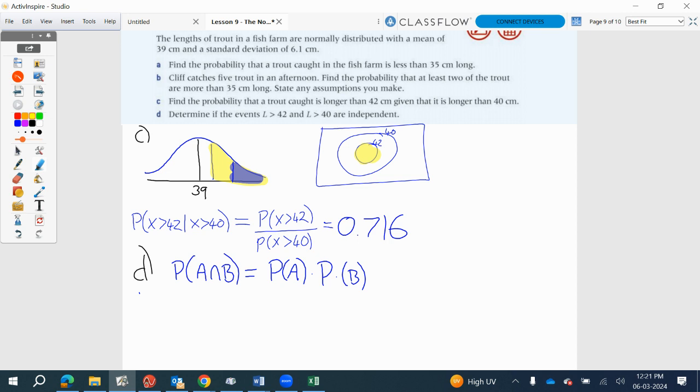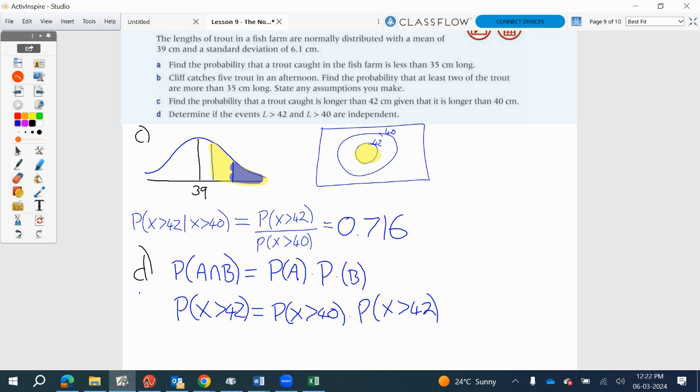There's no way this is going to be true, you can see already. So in this case, this probability is going to be the probability that x is greater than 42. This probability is the probability that x is greater than 40. And this probability is going to be the probability that x is greater than 42. So there's no way, unless we're multiplying by 1, that these two are going to be the same.